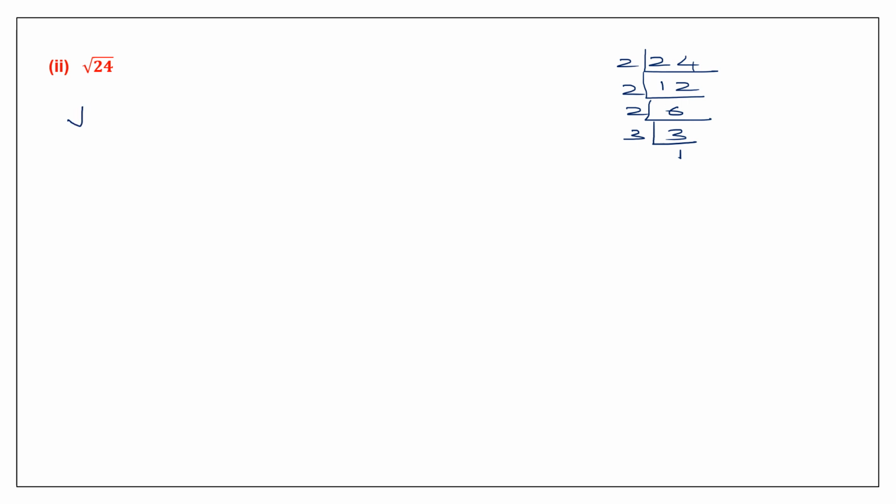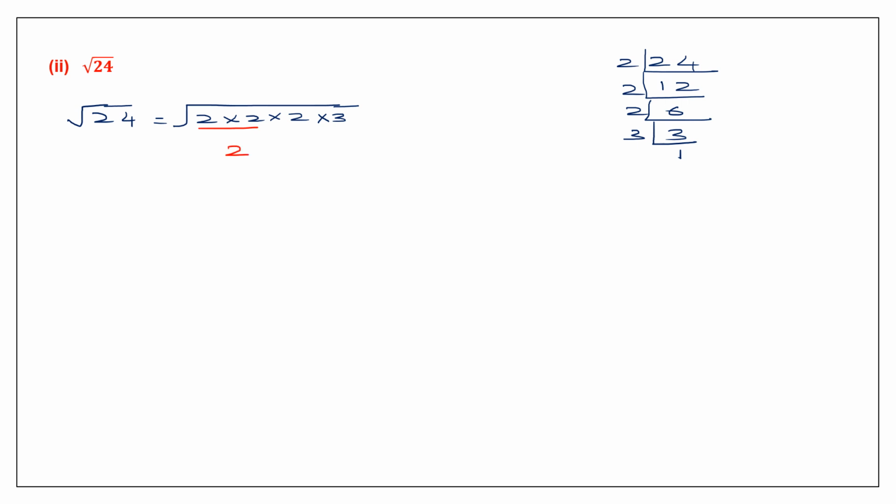Now square root of 24 is equal to, let's write down all the prime factors, that is 2 into 2 into 2 into 3. Now remember, this is square root, so we're going to pair them up in groups of 2. So here we have one pair, so we take out 1 from that pair.